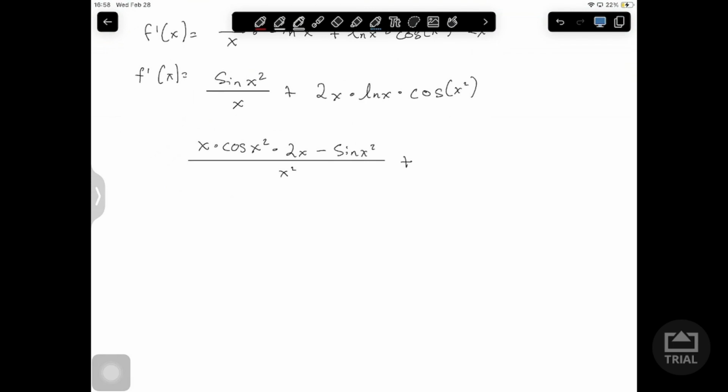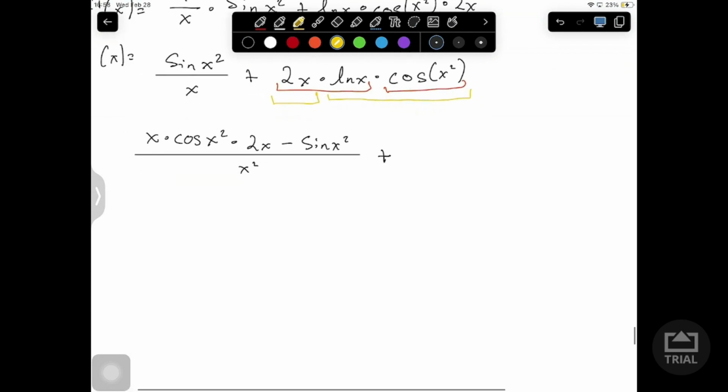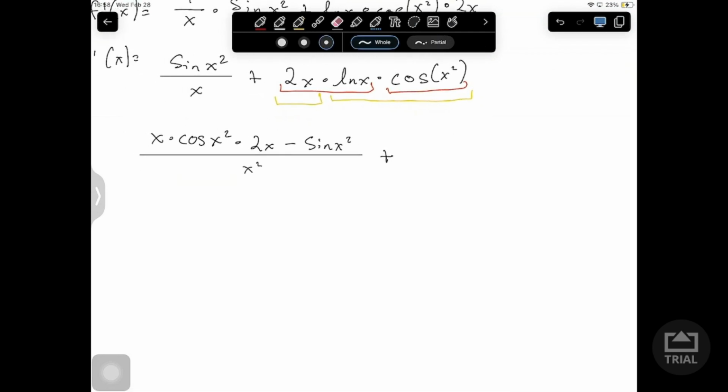So how this is going to work is, first, we're going to take the derivative of this, multiply by this, then we're going to take the derivative of this portion and multiply it by the 2x, if I am doing my work correctly. Oh wait, actually, I'm sorry. We're just going to do, yes, we are going to do that.